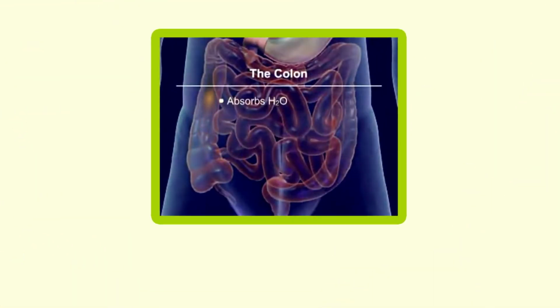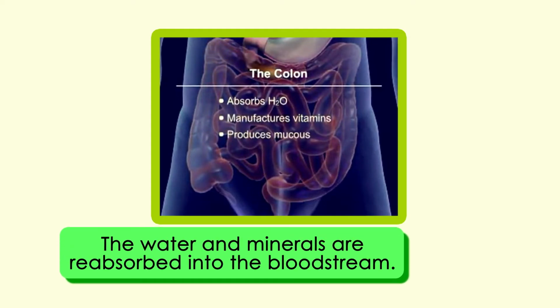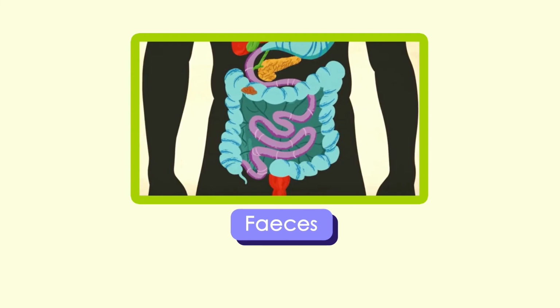While moving through the large intestine by peristalsis, the water and minerals are reabsorbed into the bloodstream. This makes the unabsorbed and undigested food become solid waste, which are called feces.